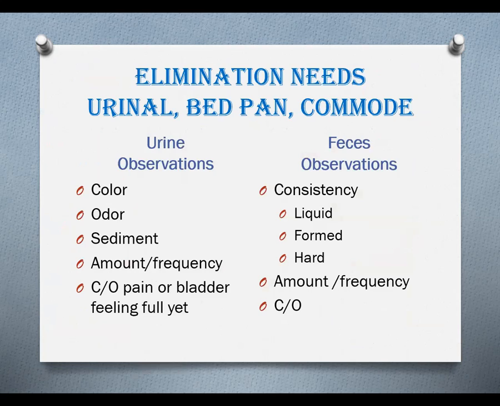Once they've used the urinal, the bedpan, or the commode, you observe. For urine, you're going to observe the color, odor, if there's any sediment, the amount, the frequency, and if they are complaining of any pain, or if they feel that the bladder is still full even after they've used the urinal, you're going to report that.